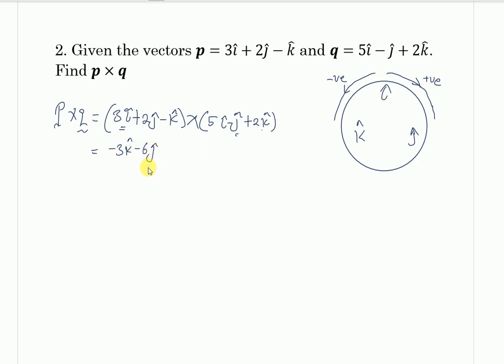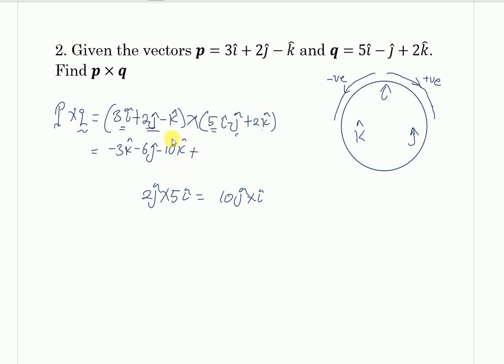After that we have 2j crossed with 5i. I get 10 j cross i, and j cross i gets us a negative, so this is negative 10k.